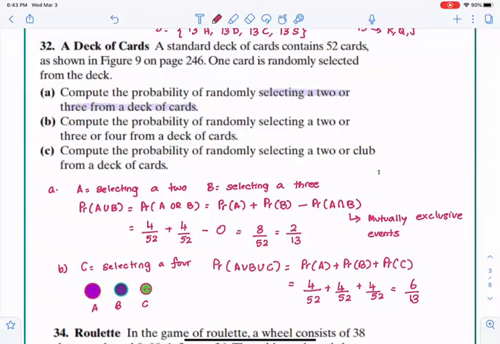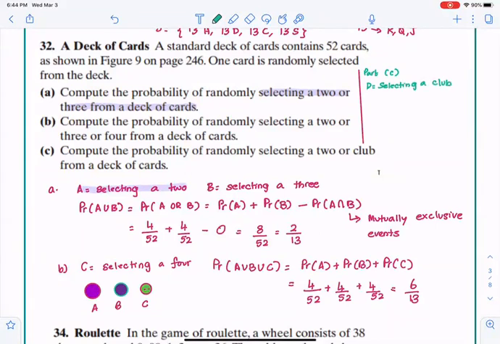So part C, running out of space. We want to compute the probability of randomly selecting a 2 or a club from a deck of cards. So I have defined selecting a 2 as event A. I'm going to define event D to be selecting a club.